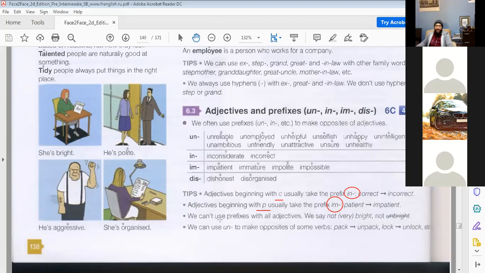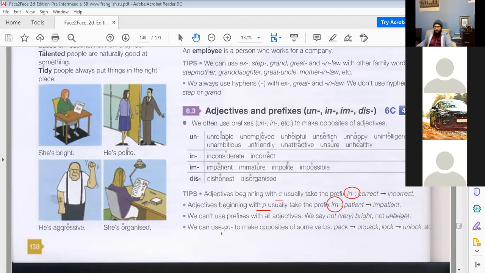It says we can't use prefixes with all adjectives. So you can say not bright, but we cannot say unbright. For example, we say smart, we cannot say unsmart, right? Or stupid, unstupid. You can't do it. Sometimes you can, but not always.